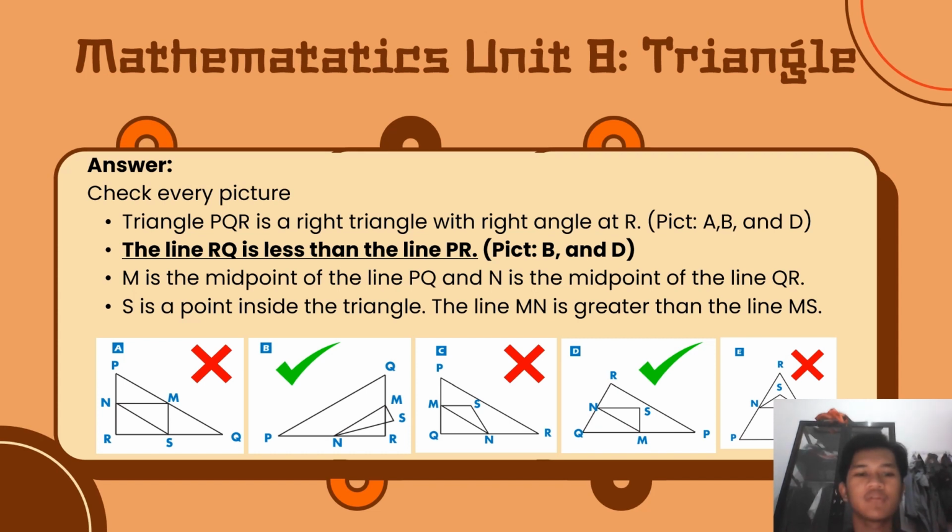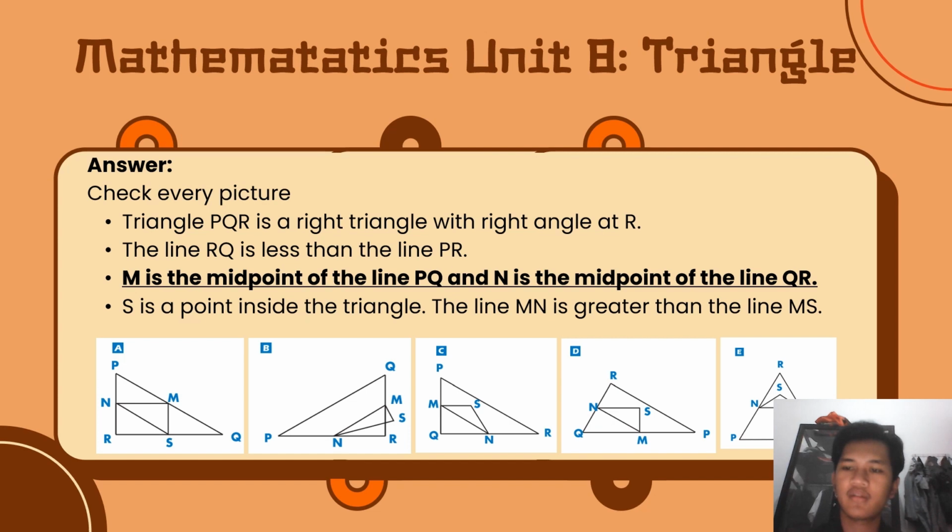So let's move to the third description. Okay, the third statement: M is the midpoint of the line PQ and N is the midpoint of the line QR.